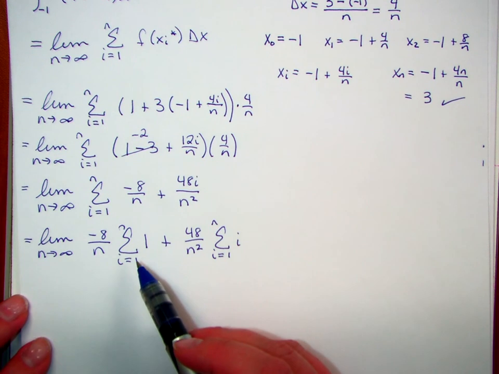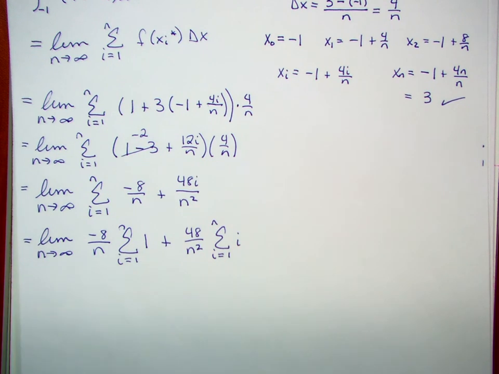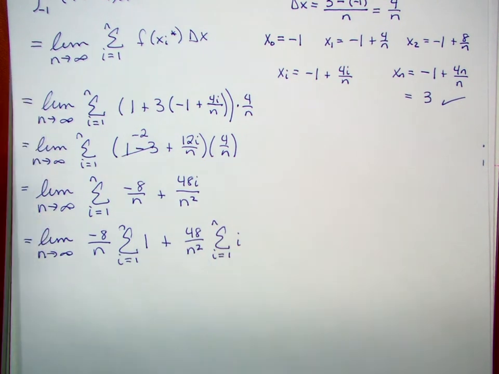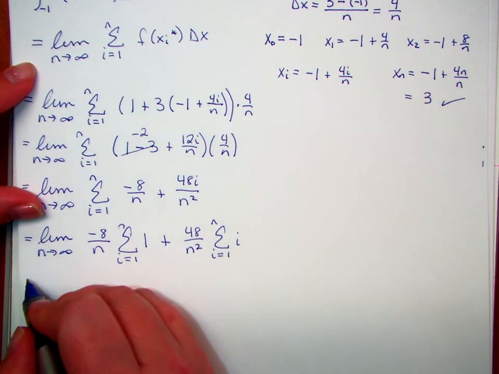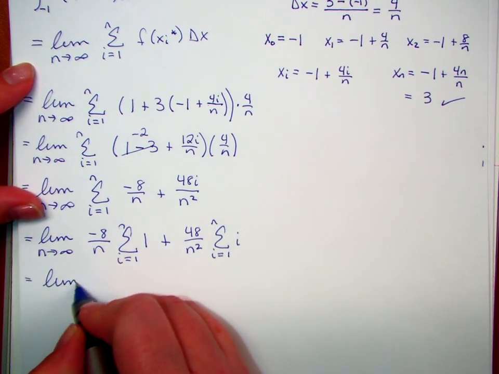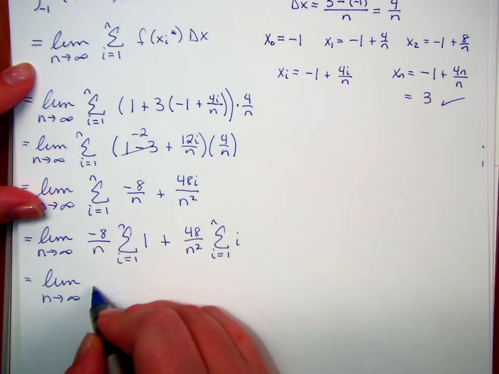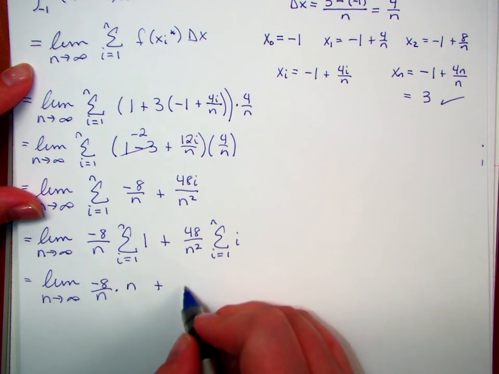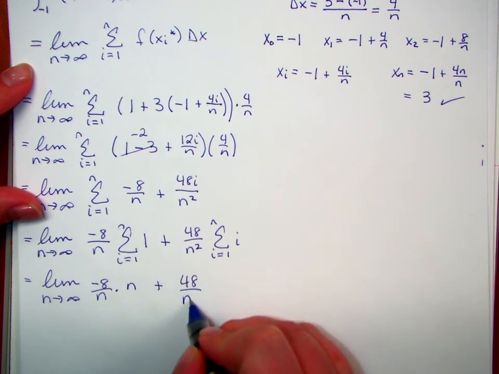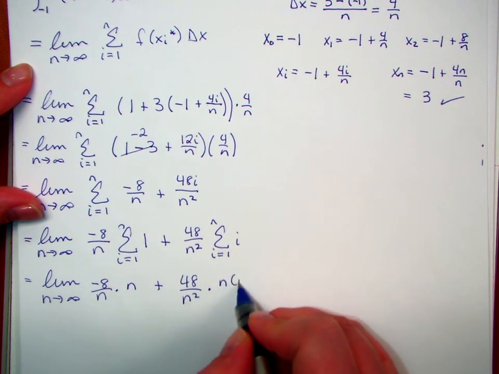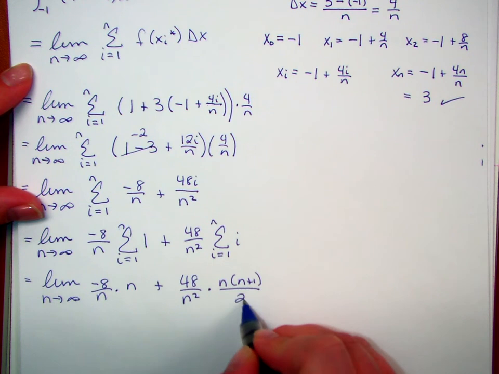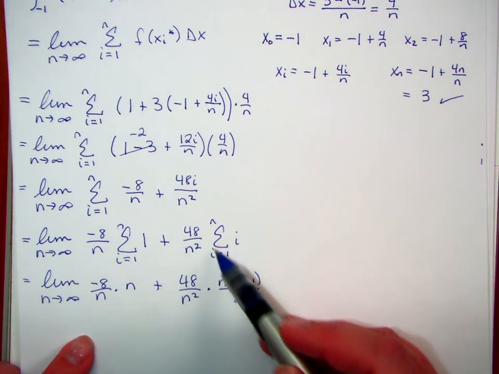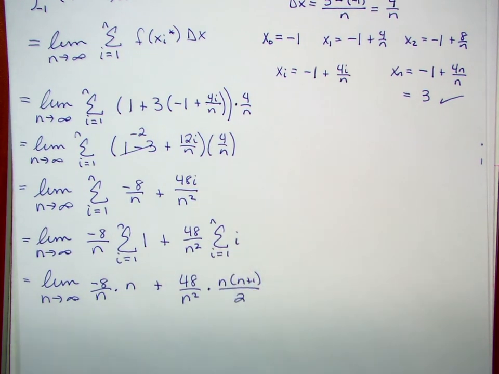So now I'm going to replace those summations with their known sums. Right? The sum of 1 is n, and the sum of I is n times n plus 1 over 2. So I'm going to get the limit as n goes to infinity, negative 8 over n times n plus 48 over n squared times n plus 1 over 2. Right? Just replace those sums with their known formulas. Right? Clean it up.